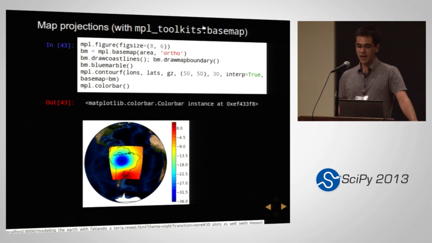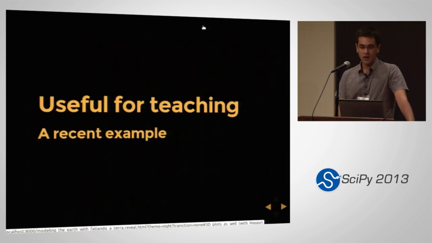And then you can just pass that base map instance into the contourf or pcolor or contour functions, and it automatically interpolates the data and calls the appropriate function in the base map. It's basically the same thing that I would do if I was plotting normally without projections. I just have to pass in the base map. And this is also something that hopefully will be useful for teaching.